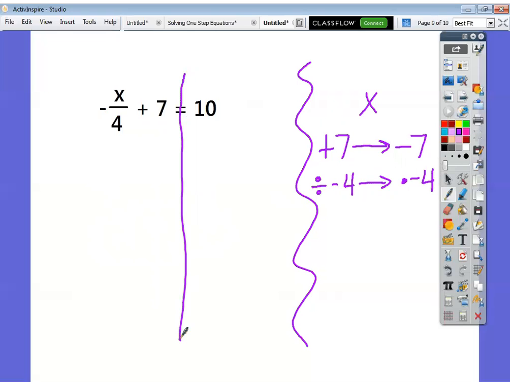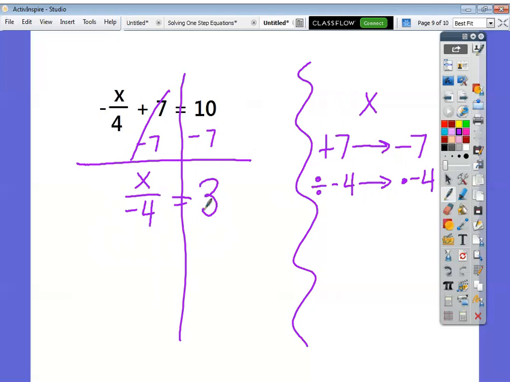So put in my great wall of China. First step, I'm going to subtract 7 from both sides. Those cancel out, leaving me with x divided by -4 over here. 10 minus 7 is 3. This is division, so the inverse is multiplication.